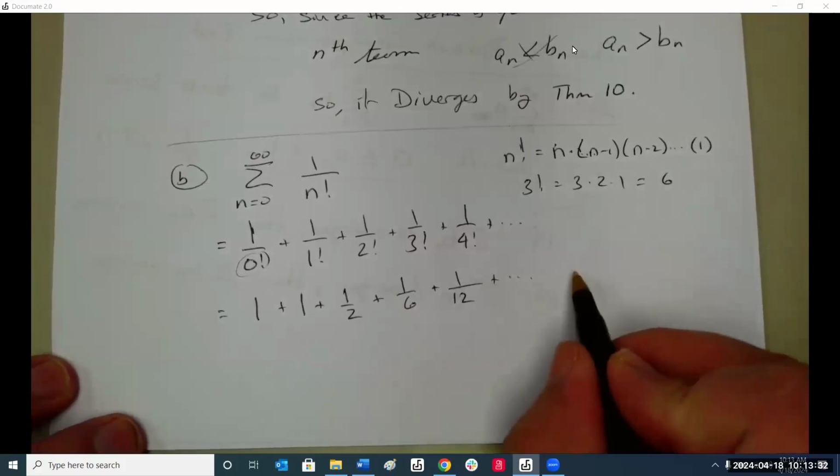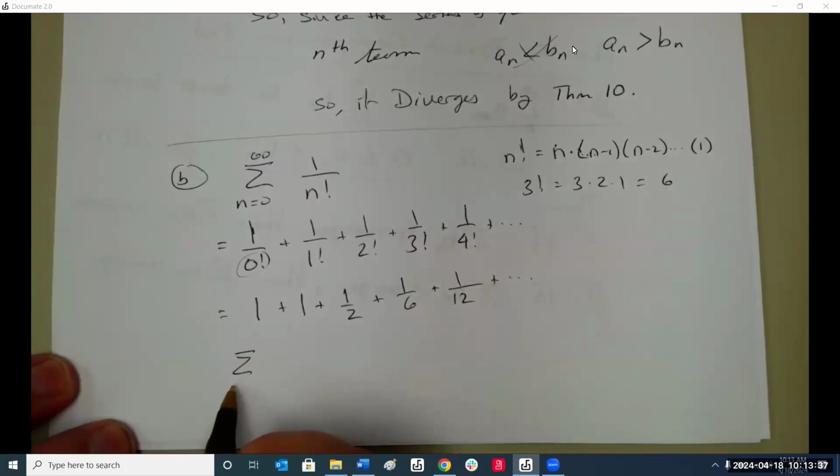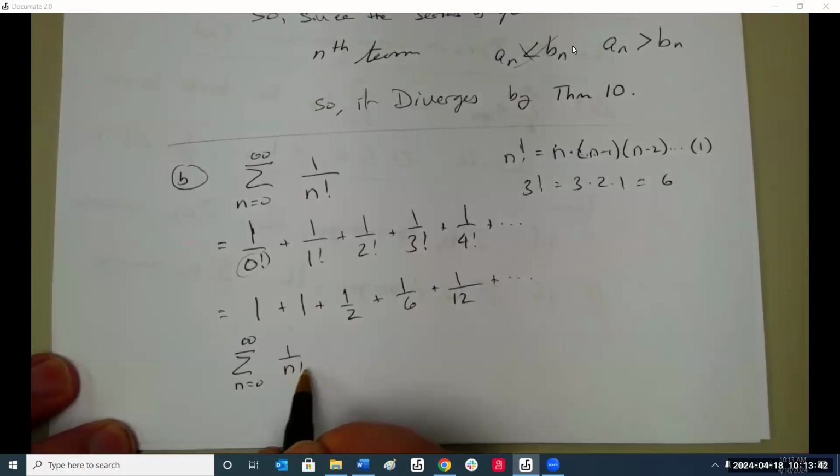All right, so we can compare this sequence.